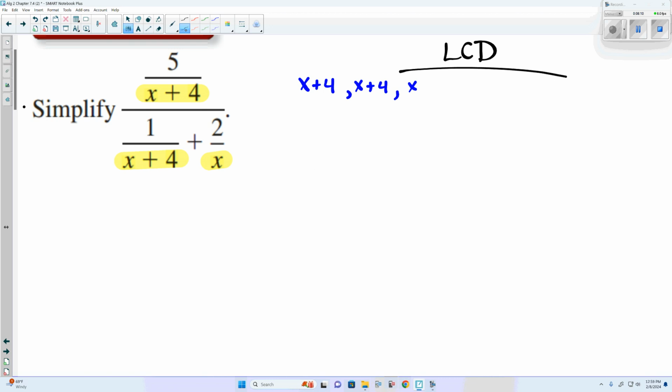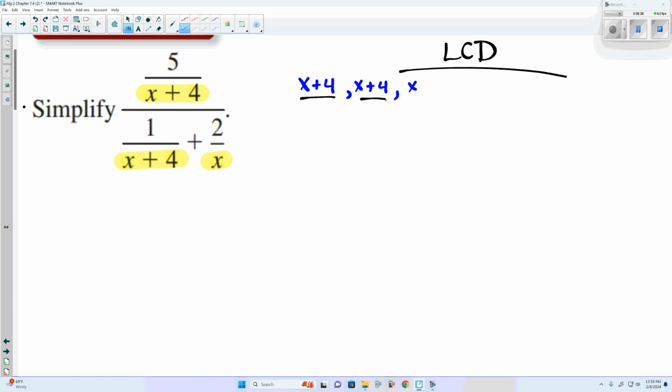And we want to find the least common denominator between these three expressions, x plus 4, x plus 4, and x. With our x plus 4 and x plus 4, what's the first thing we can make both of those be?